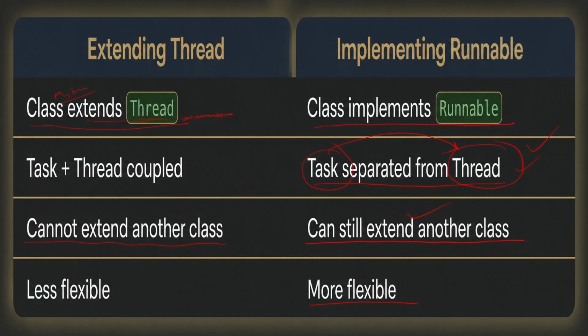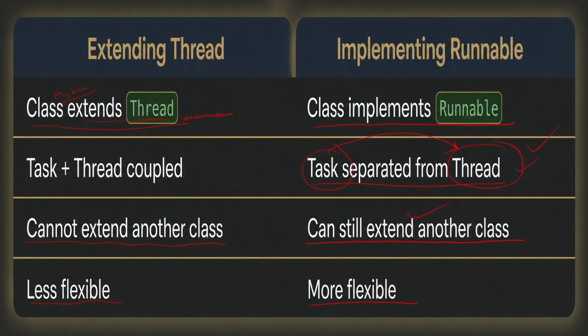Because we create the task separately and the thread separately, and then assign the task to the thread. So this is more flexible compared to extending Thread. In modern Java applications, you will also commonly use higher level concurrency APIs such as ExecutorService. Rather than manually creating threads for every task, we will use ExecutorService. We will see that in upcoming videos.